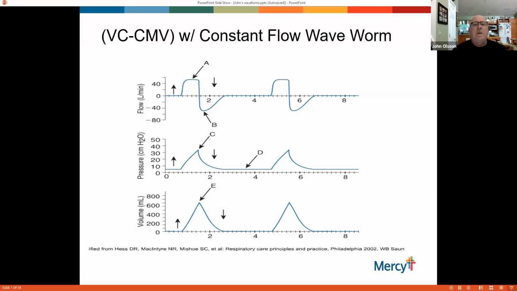As it's delivering its flow and delivering that volume, it goes all the way up to the peak. It gets a little pointy head there and then comes back down for the pressure. You can see the volume on the bottom, and it gets that peak about the same time it hits the top of that volume and the patient goes into expiration.